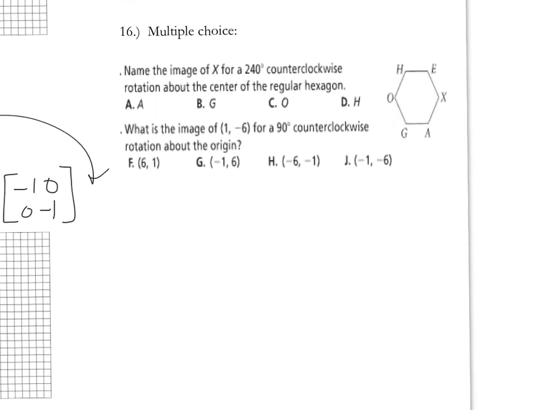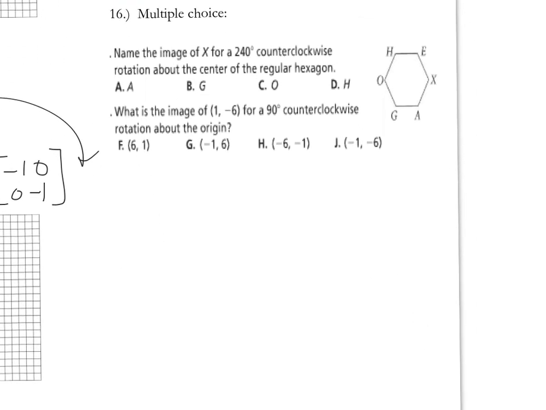Alright, then 16, a different type of problem. Name the image of X. So what happens to X for a 240 degrees counterclockwise rotation about the center of the regular hexagon? So counterclockwise. So if you're doing it in the center and you're starting at X, this is a hexagon.